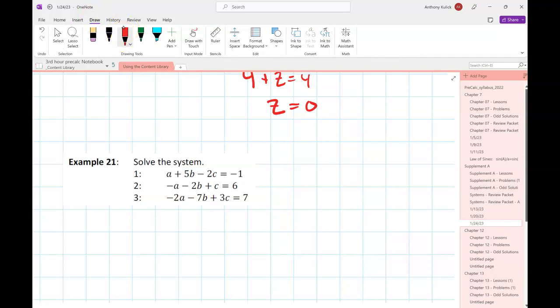All right, so let's solve this system. Again, I'm going to call these equations A, B, and C. Which variable do you think you want to eliminate first?